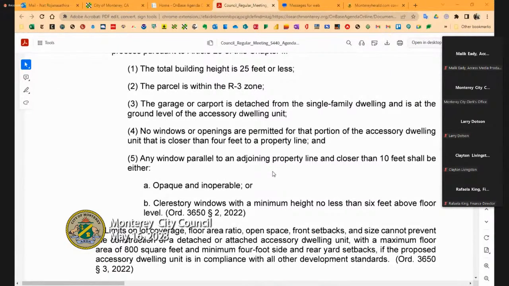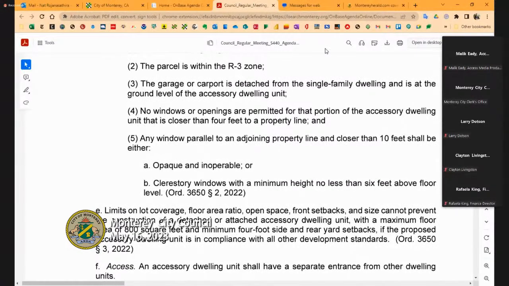Okay, so this is a second reading, and I brought the topic up when we had the first reading. And I've gotten some members of the public who are in the business of developing a few ADUs in our community, and they've had specific questions about how this will apply.